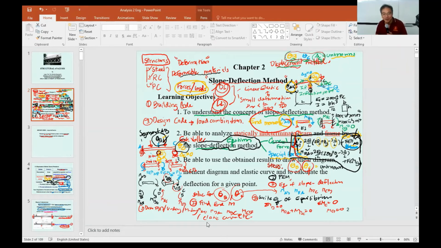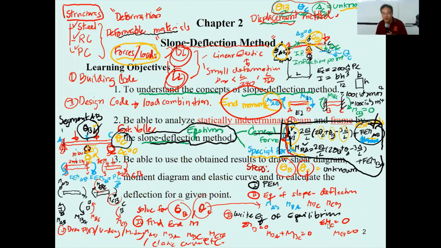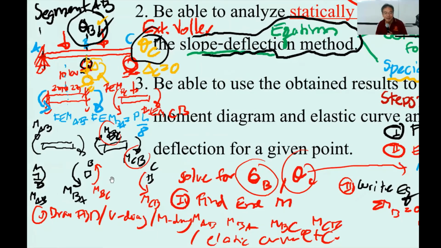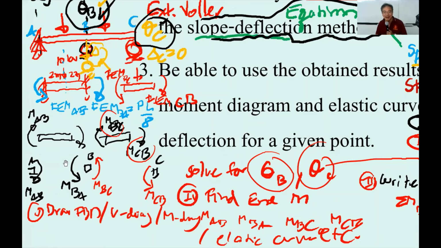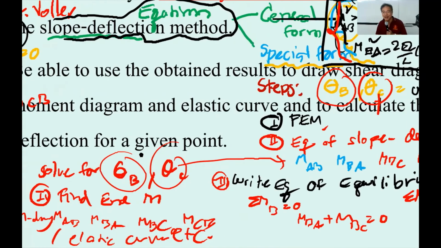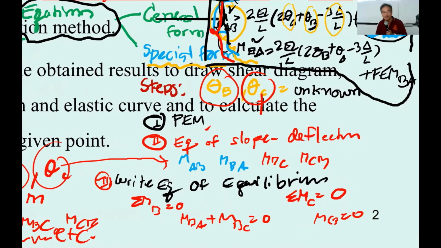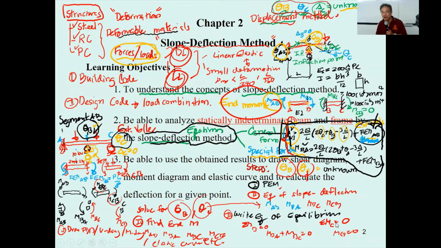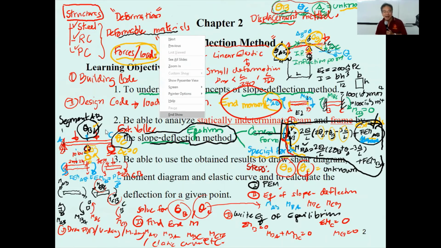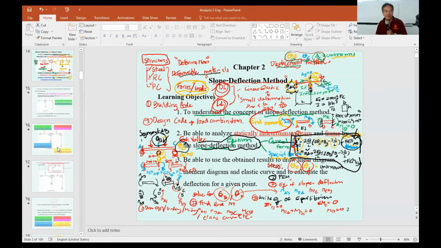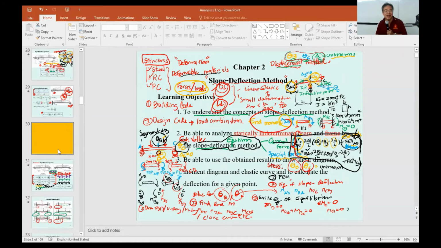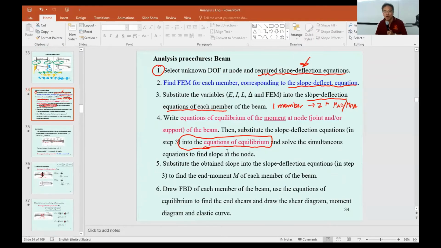If you come over here, you may put this one and zoom it a little bit. There, we're talking about the moment at the joint. At joint B, we set the summation of moments: m sub BA plus m sub BC, and likewise the summation of moment at C. And that is going to be the fourth step.